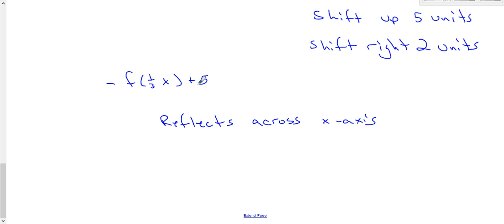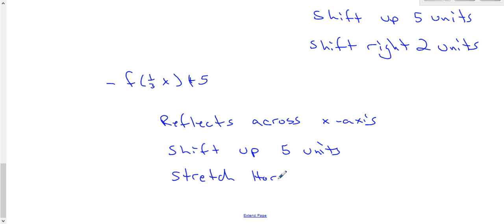With the plus 5, that is shifting up 5. That's funny, I used the same number as I did up there. This is shifting up by 5 units. And with the 1/3 on the inside, that is a multiplier. I take the reciprocal value of the 1/3 as a 3, and that's going to stretch horizontally by a factor of 3.